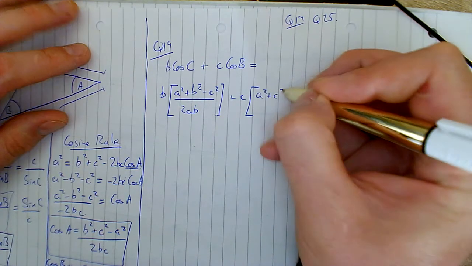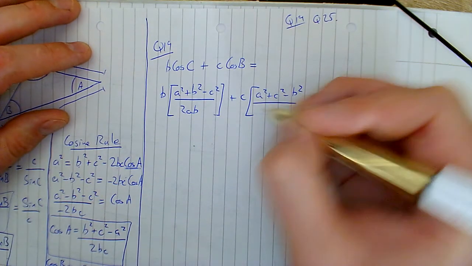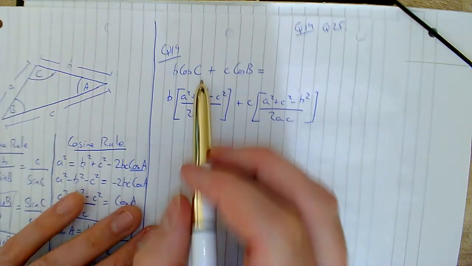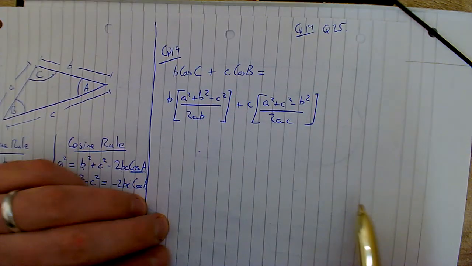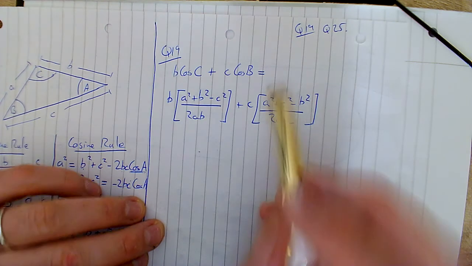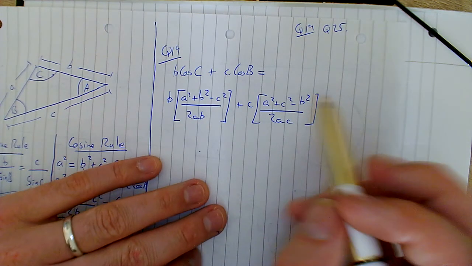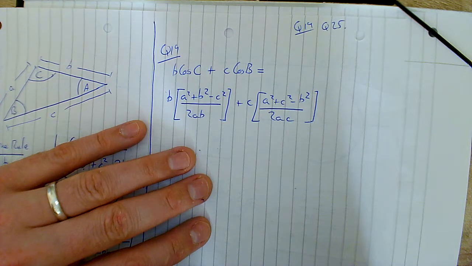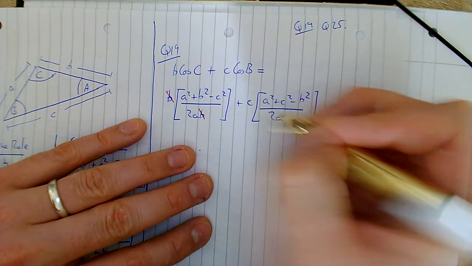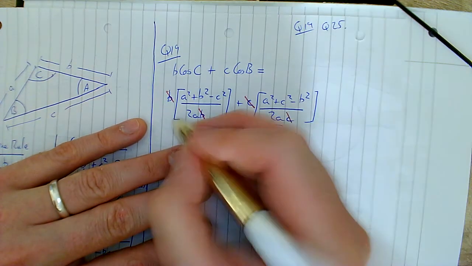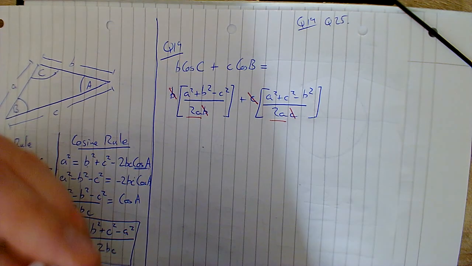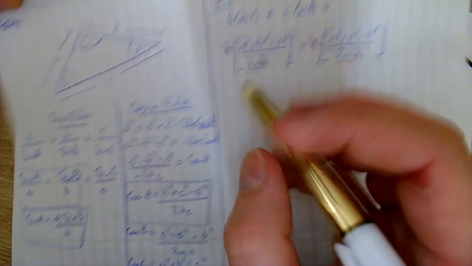We'll start with, you've got a common factor of b, top and bottom. So by taking that out, you now have 2a as your denominator, which means you're now allowed to add these fractions together. So what do we get? Well, you get yourself a squared plus b squared minus c squared plus a squared plus c squared minus b squared all over twice a. b squared take away b squared, 0. c squared take away c squared, 0.